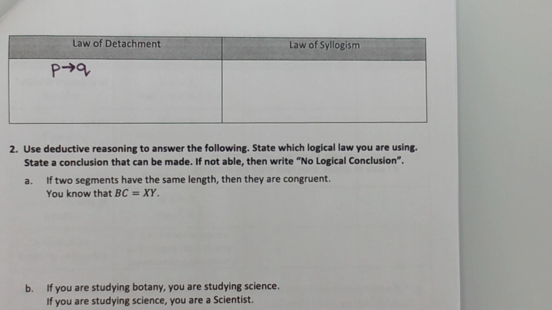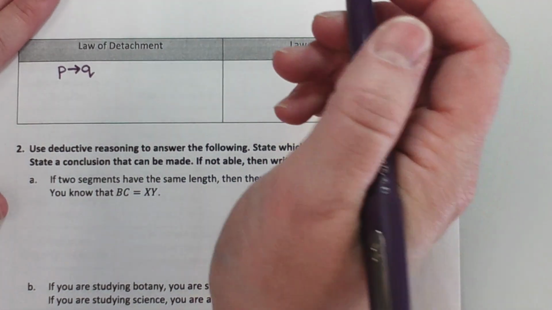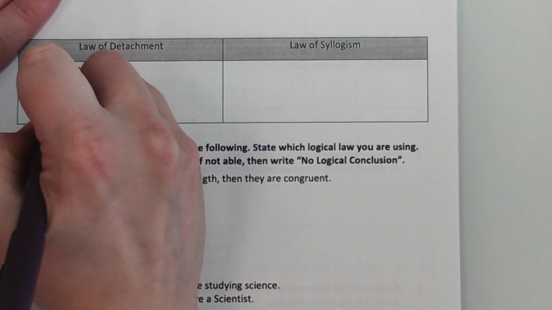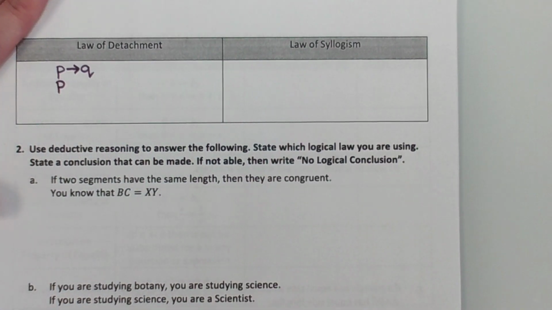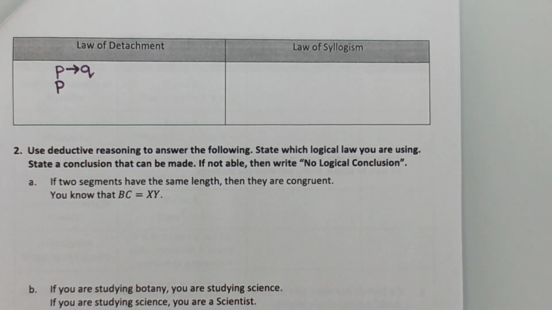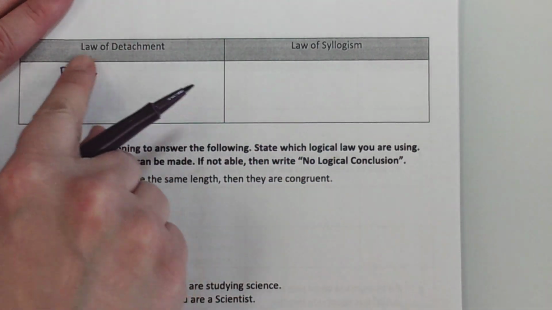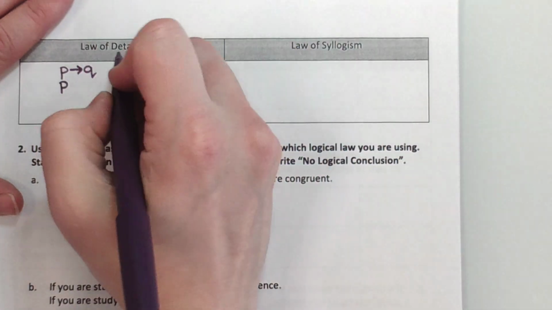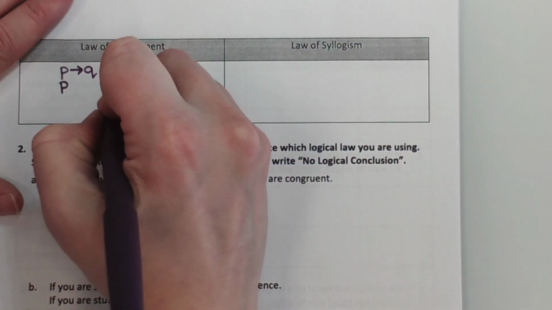The law of detachment starts off with an if-then statement, a conditional statement, and then it also follows up with P. Anything in this structure is the actual law of detachment.